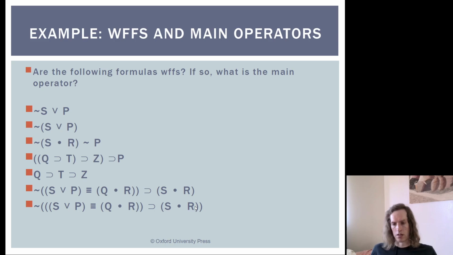I already spoiled it a little bit, but the difference is going to be that the major operator in this case is going to be the negation. Because instead of just this side of the conditional, it's including the entire formula within it. It's negating the entire formula. So this is going to negate the horseshoe, and so the value is going to be completely different.